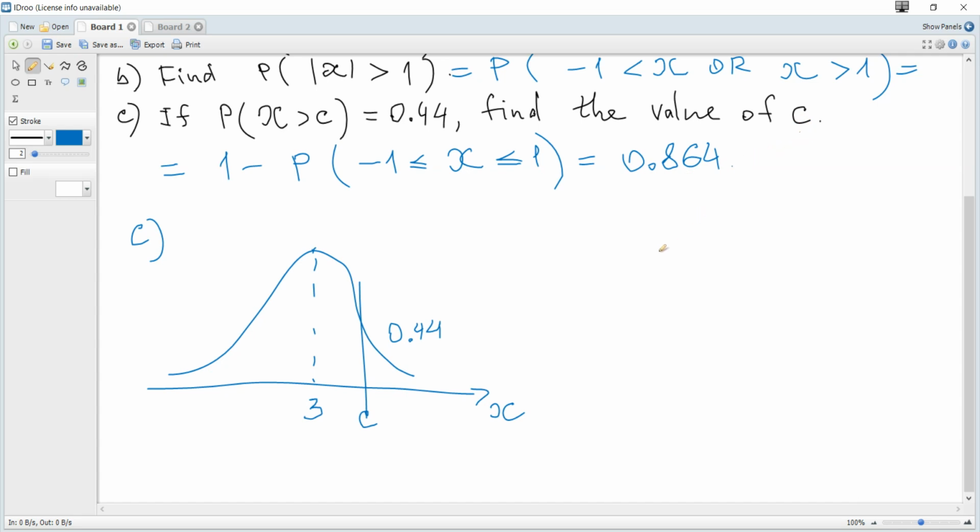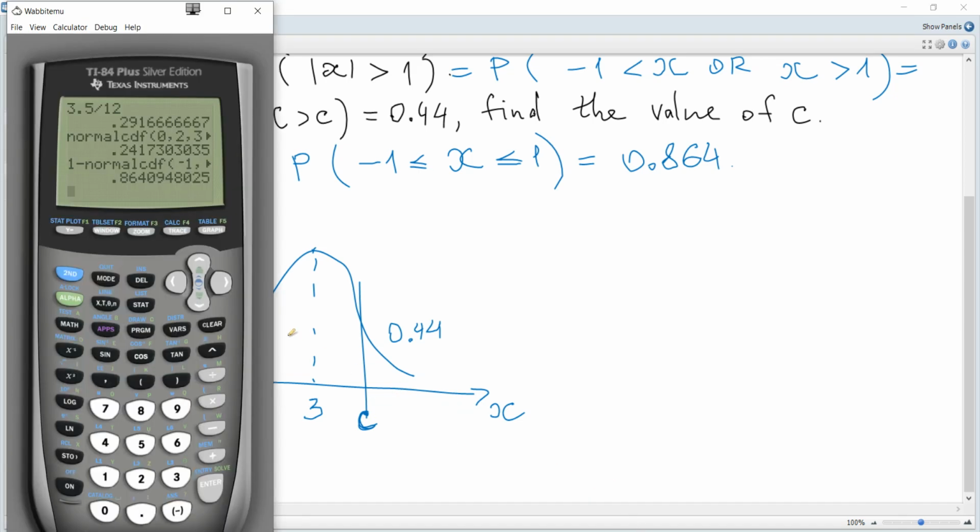Since mu and standard deviation are given, we can find easily this unknown value of x, which is equal to c, using inverse normal. Since x is required and area or probability is given, we choose inverse normal.